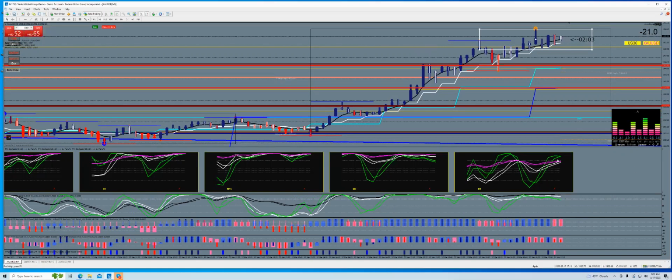So we're in the same predicament again, waiting for the 1 minute to cycle down to see if we're gonna stay in this trade or not.